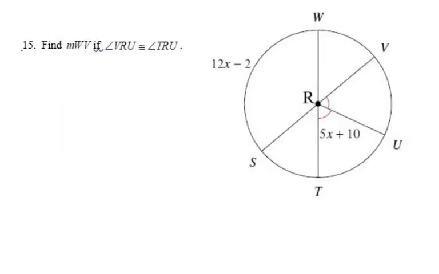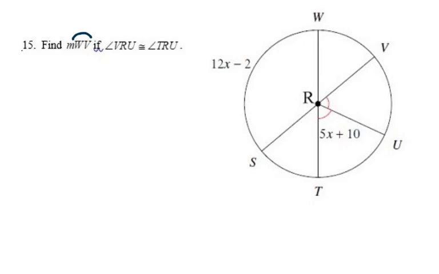In our next problem, we get a little bit more complex with our picture. So here we are told that we want to find the measure of arc WV if we're given that angle VRU is congruent to TRU.